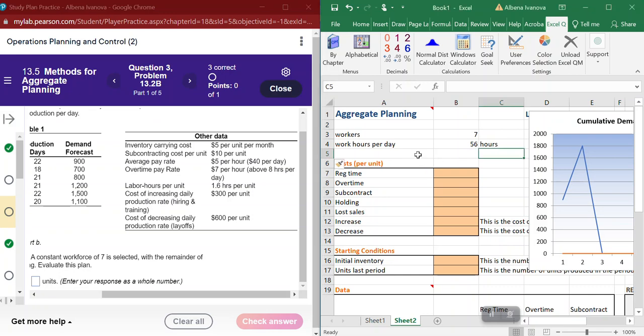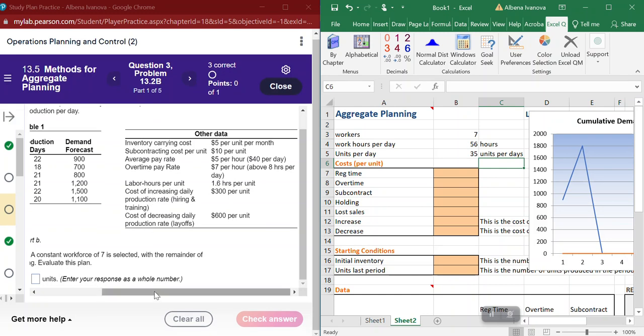If I have 56 hours, then units per day will be equal to 56 labor hours divided by 1.6 hours per unit. This will be my capacity or the production rate per day, 35 units per day.